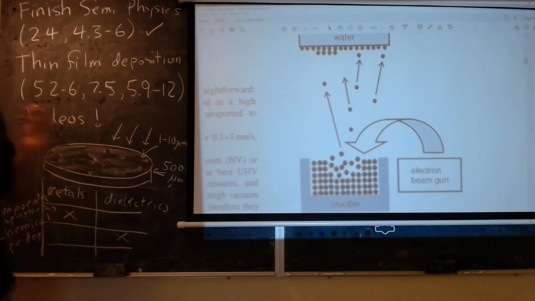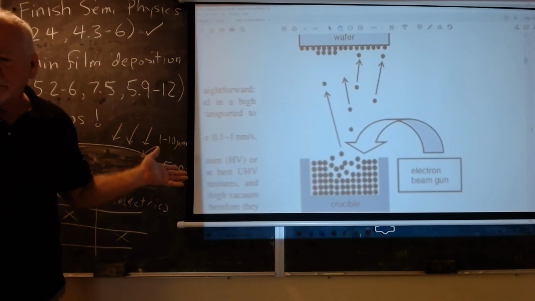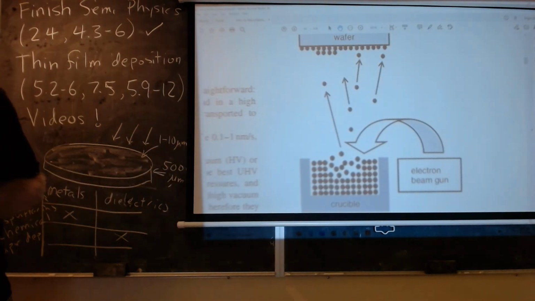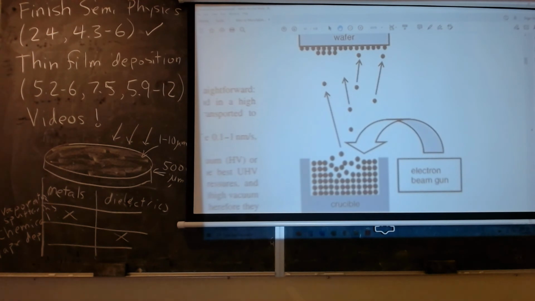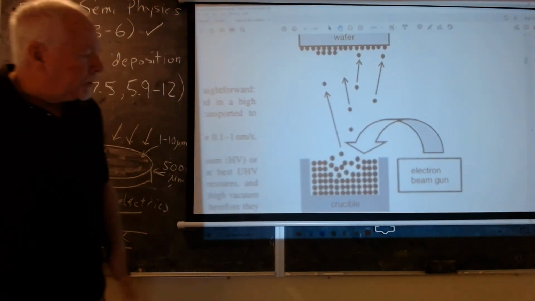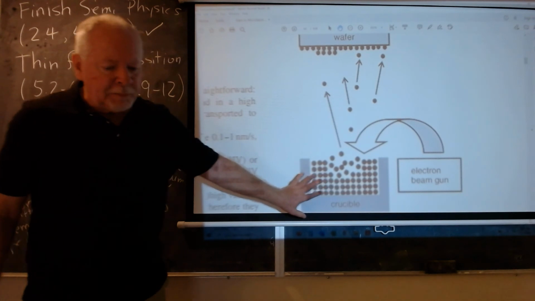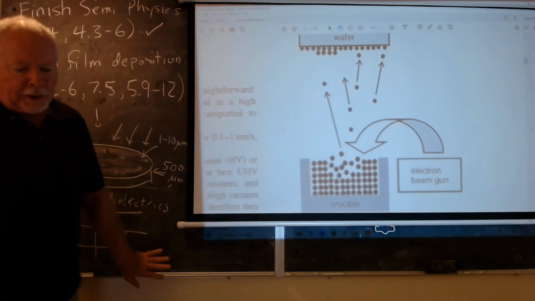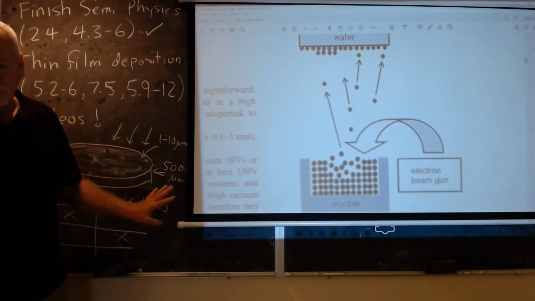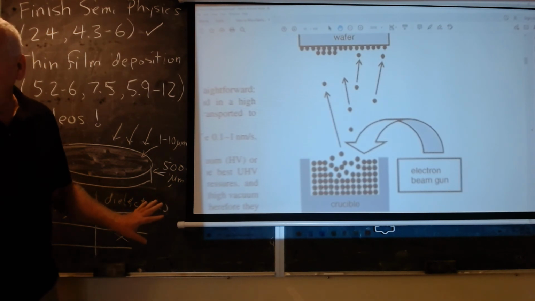Again, there's two types generally of physical vapor deposition. There's evaporation, and there's what's called sputtering. This is showing evaporation, and it's particularly showing evaporation using what's called electron beam heating.